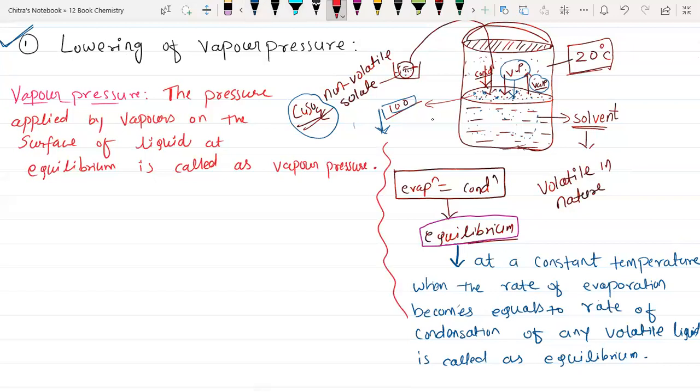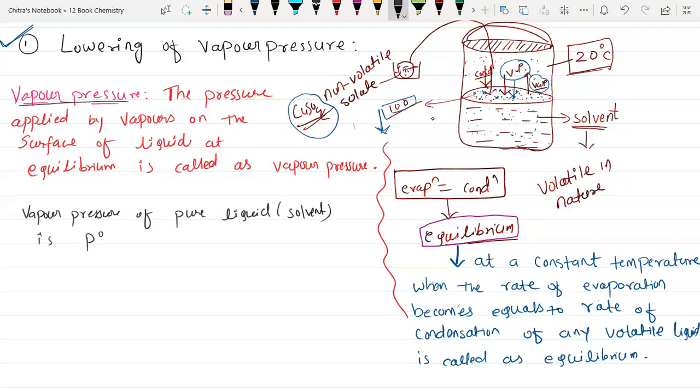Now we have to write about lowering of vapor pressure. So let the vapor pressure of pure liquid, or you can write solvent also, be represented by P0, or you can write P1 0 also.